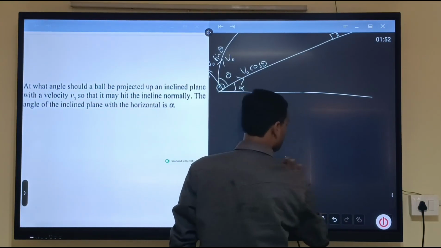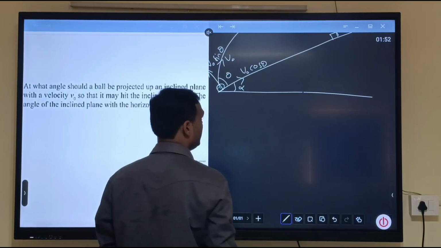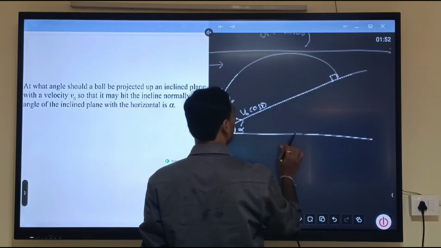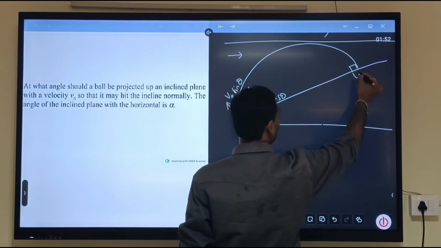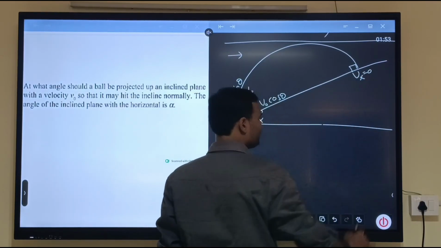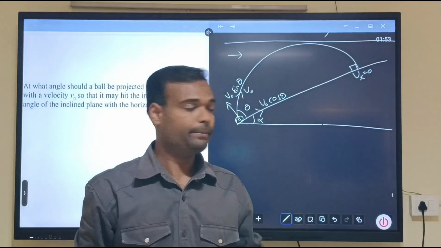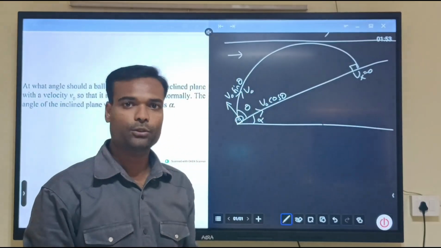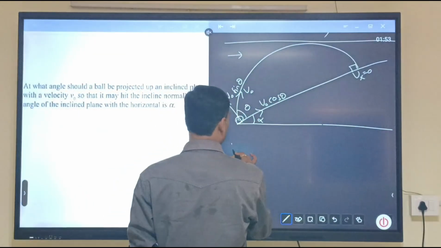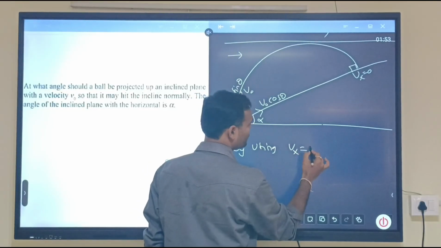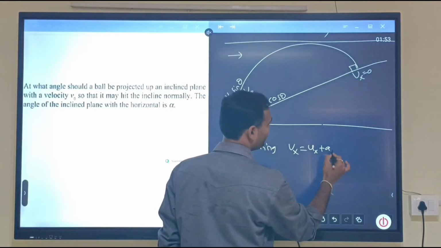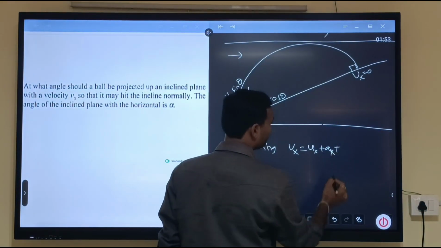That means on the inclined plane, suppose the projectile is making an angle of 90 degrees. The final velocity on the x-axis becomes 0 by using the concept we just covered. Now, by using Vx is equal to Ux plus Axt.